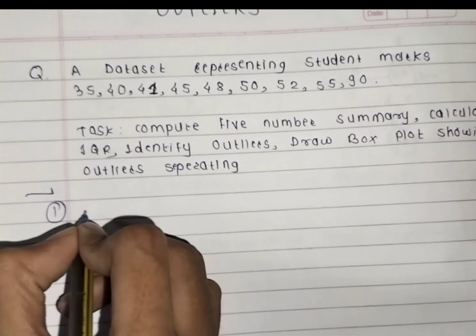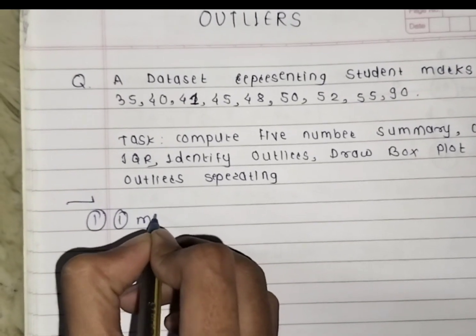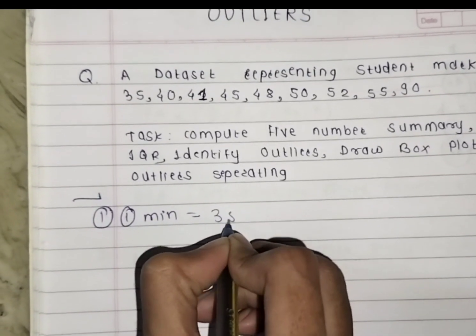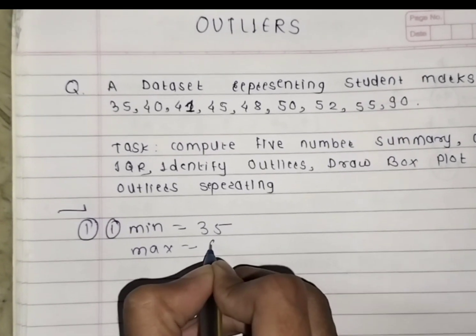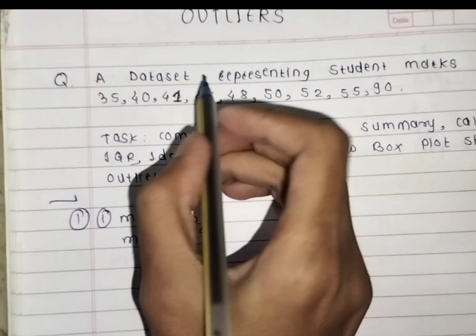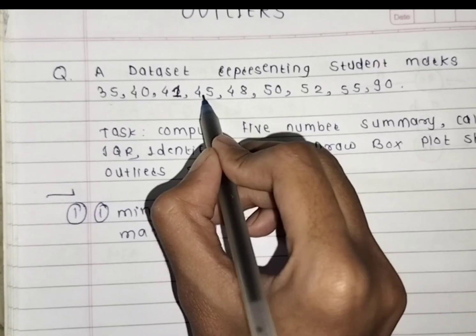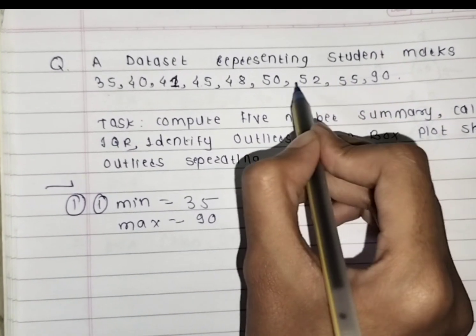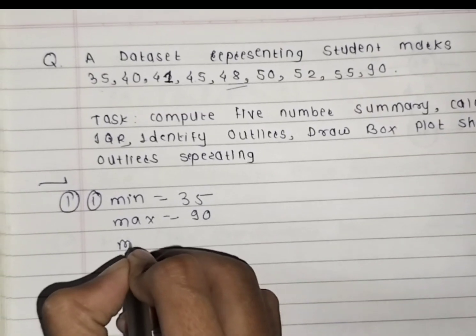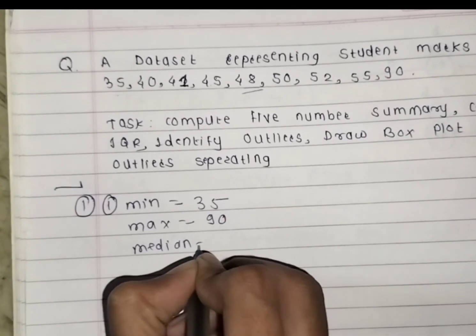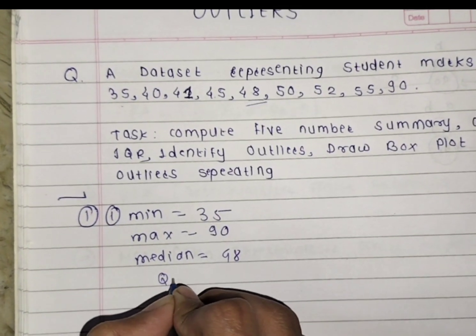So from this we will find the min. The min we have is 35, the max we have is 90. Then we have the median, that is 48. Then we will find Q1.